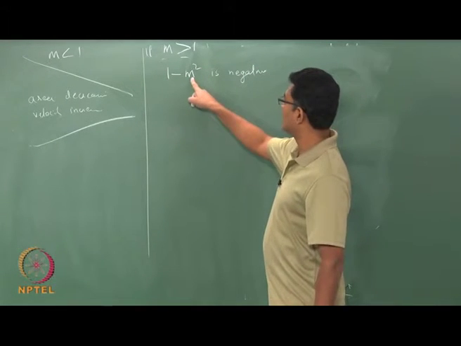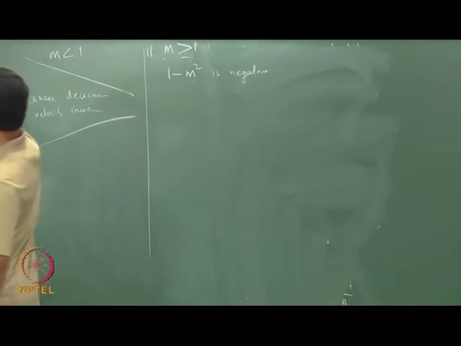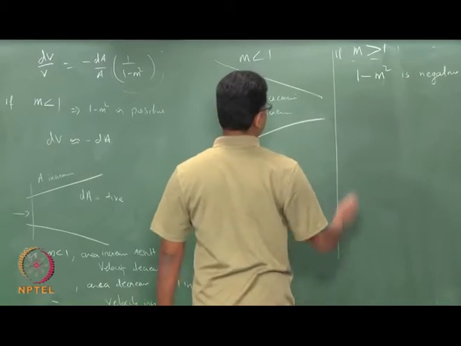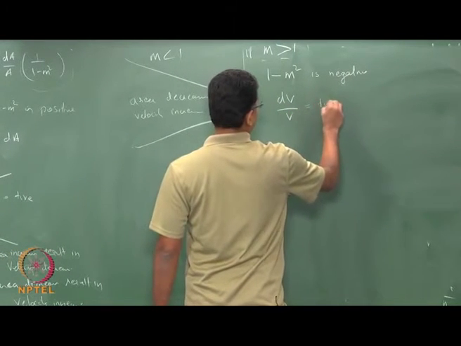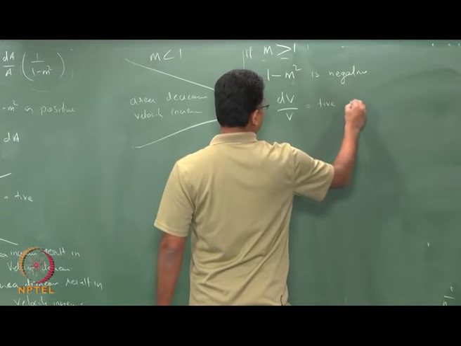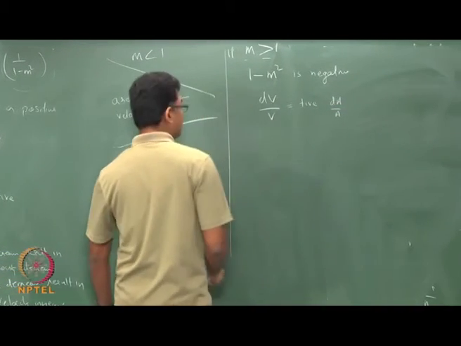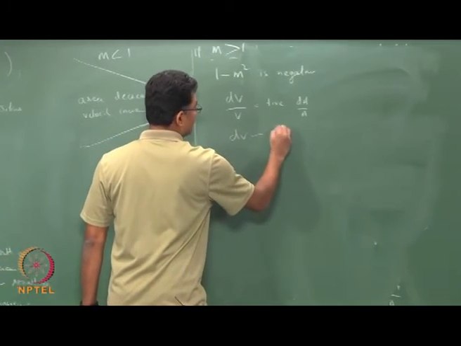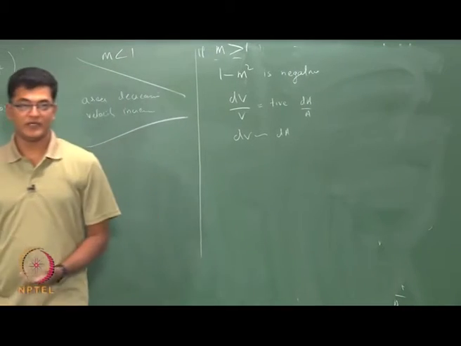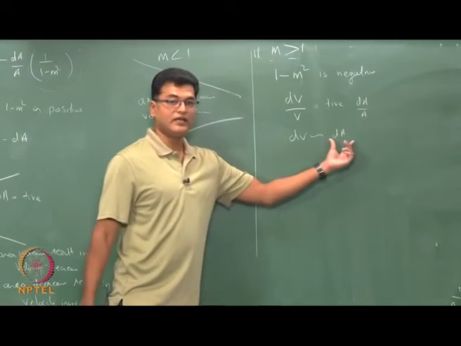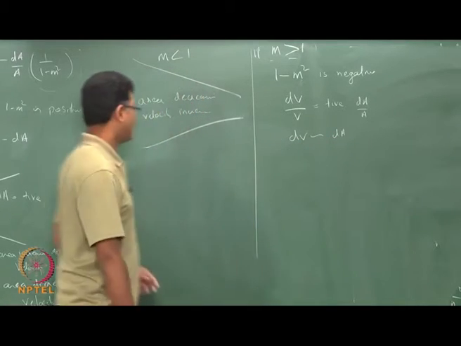So, m is greater than 1, this quantity is negative. So, your total on the right hand side is positive. So, your dV by V is now a positive quantity with dA by A. So, your dV goes as dA. The sign of dV is the same as the sign of dA. So, if there is an increase in area, there is an increase in velocity. If there is a decrease in area, there is a decrease in velocity.